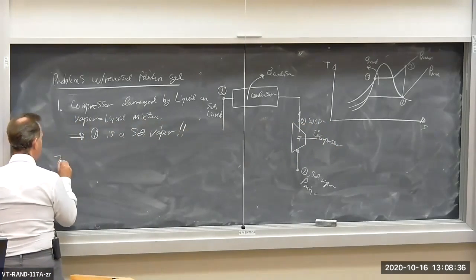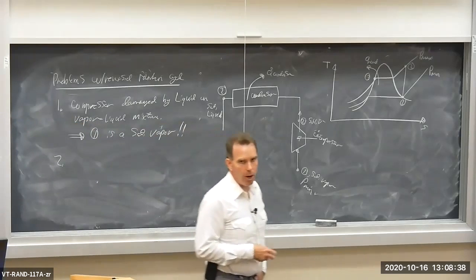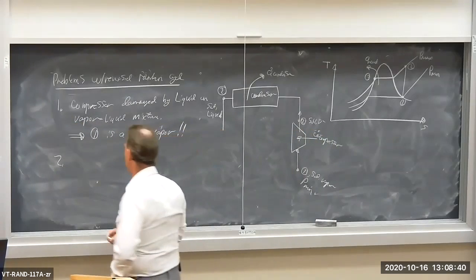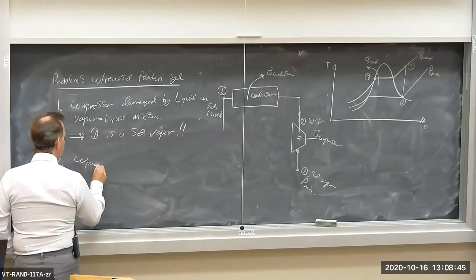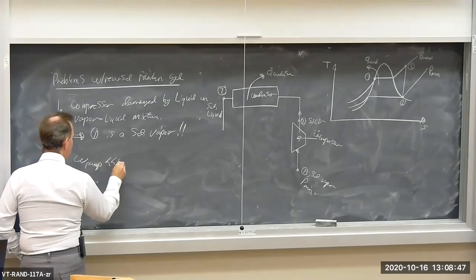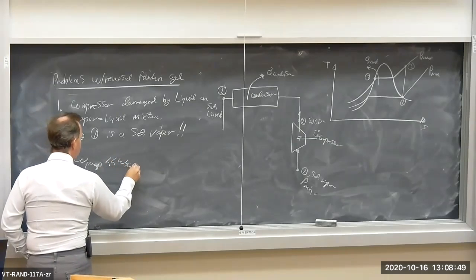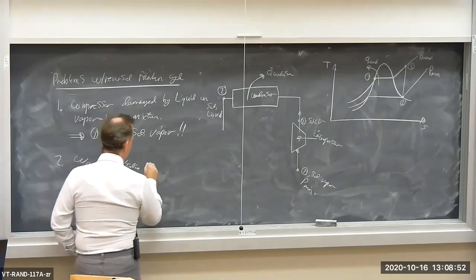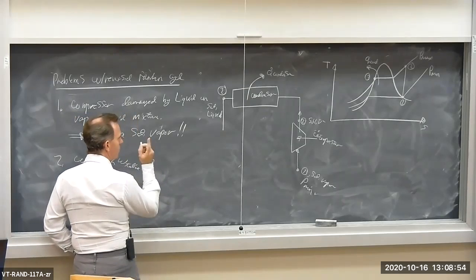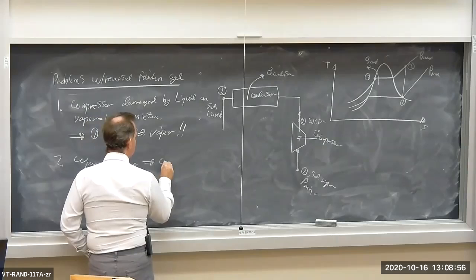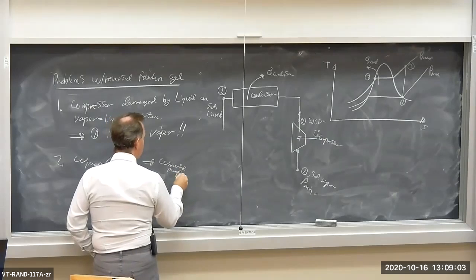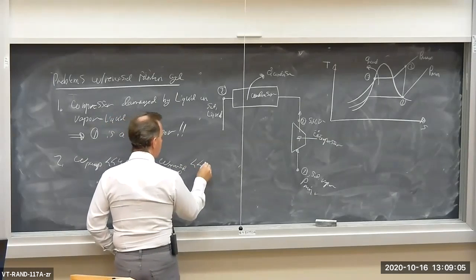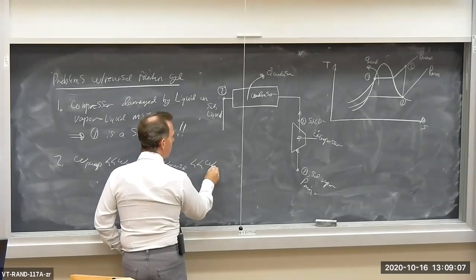Number 2, if you recall from the problem that we did involving a Rankine cycle, the specific work for the pump was much, much less than the specific work for the turbine. What that implies is, for this reverse device, the specific work for the reversed pump is still much, much less than the specific work for the compressor.